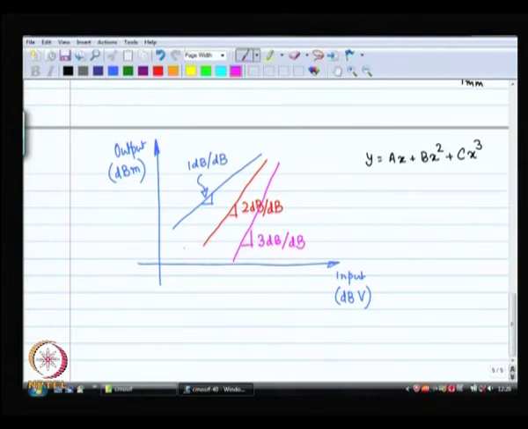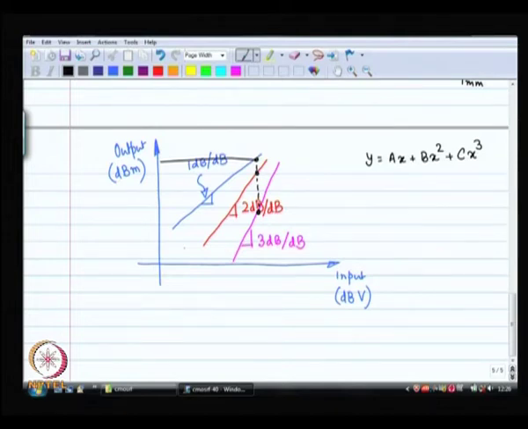All right. So, therefore, if I design my power amplifier to work for an output power of 0 dBm, let us say, or let us say I design my power amplifier to work for an output power of 1 watt, but then at 1 watt output power I get so much of second harmonic and so much of third harmonic.